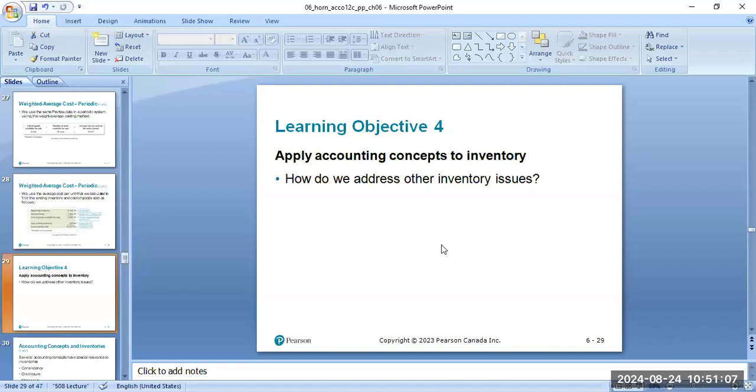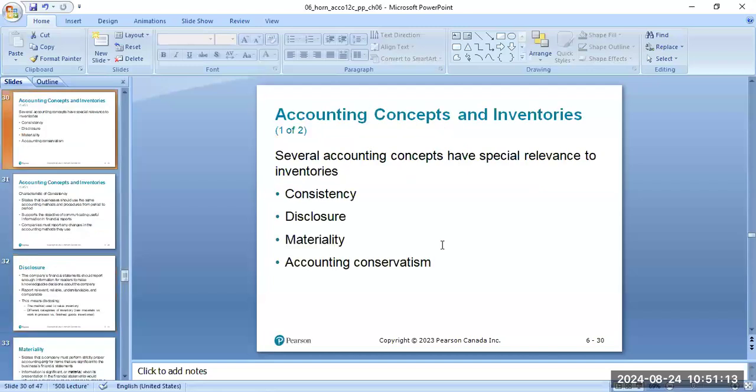So how are we going to apply those accounting system concepts to inventory? Well, seven accounting concepts have specific relevance to our inventory. The first one is consistency. The second one is disclosure, then materiality, and accounting conservatism.